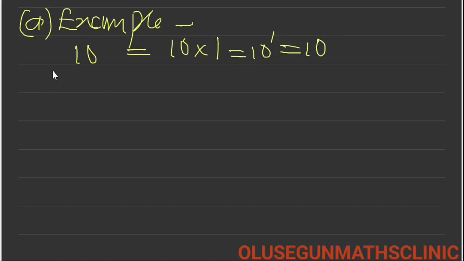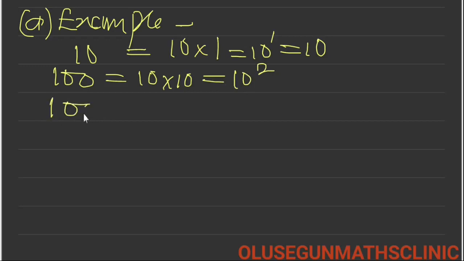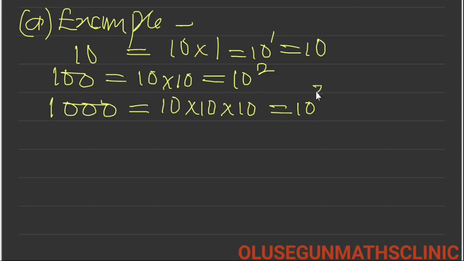Let's also have 100. 100 can be written as 10 times 10, and 10 times 10 will give you 10 squared. Let's also have 1,000. 1,000 is 10 times 10 times 10, which is 10 raised to the power 3.